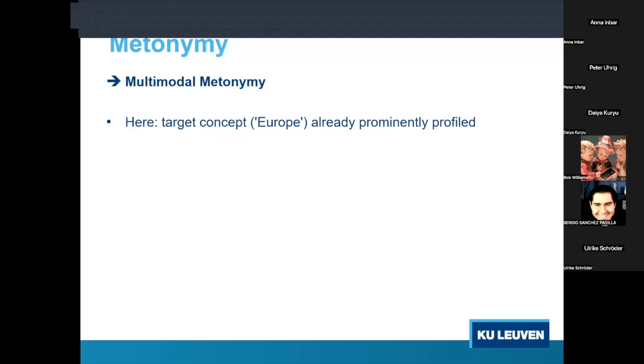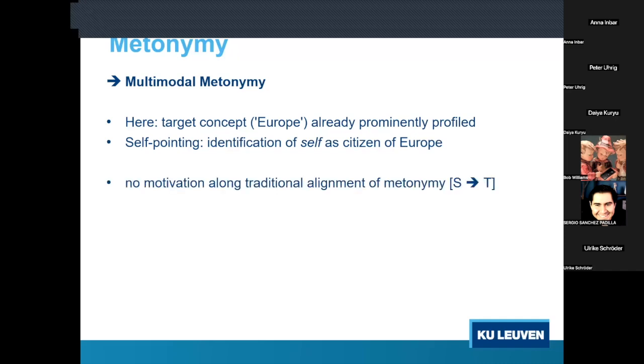So the target concept is already prominently profiled, and the self-pointing sort of identifies the self as a citizen of Europe. So there is no motivation here to describe this metonymy in terms of source to target, but rather the other way around. We already have access to the target, and then the gesture adds some sort of specification.